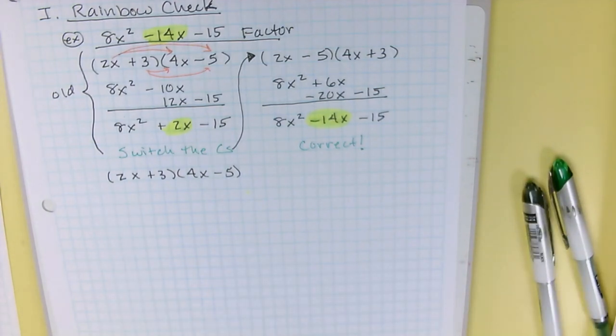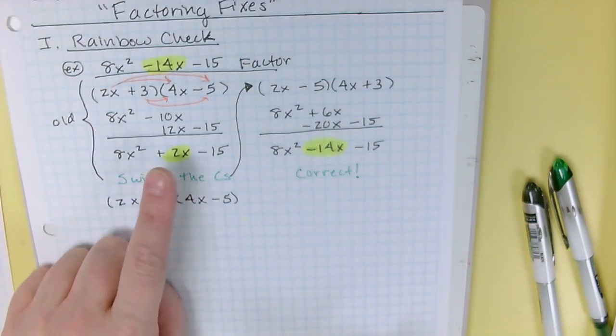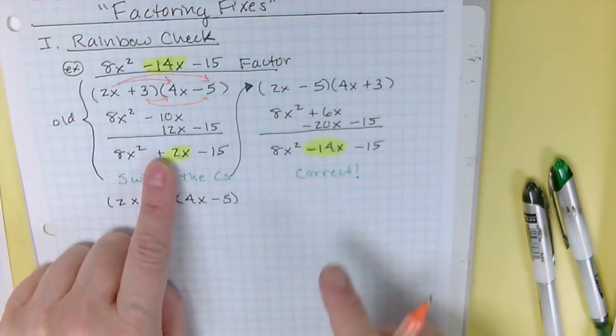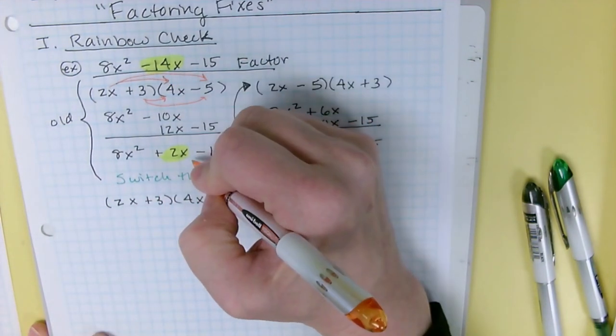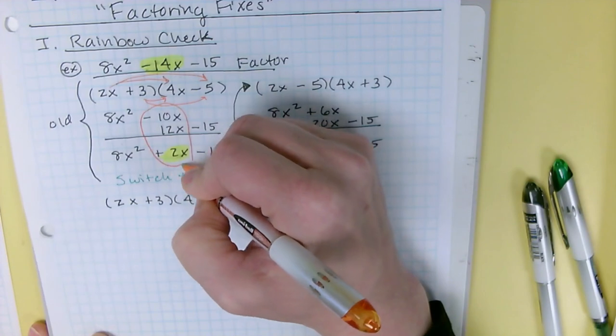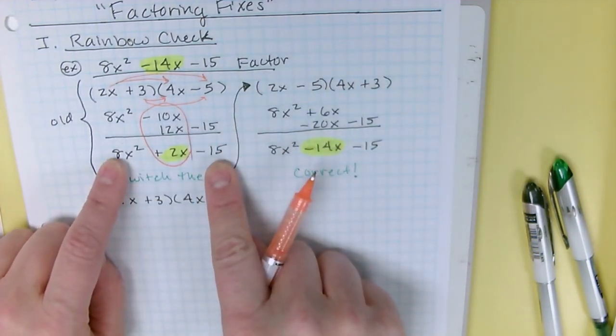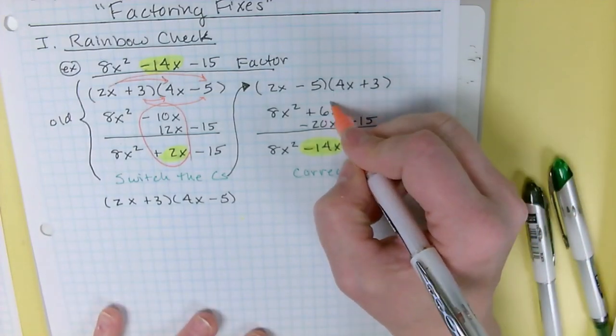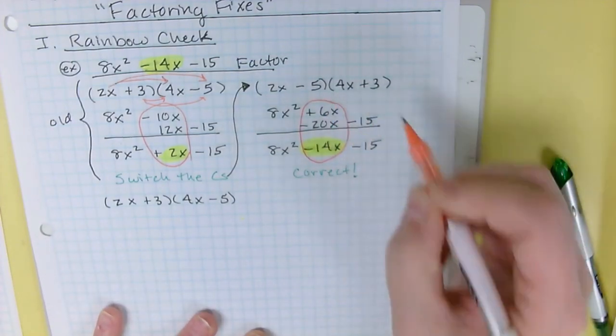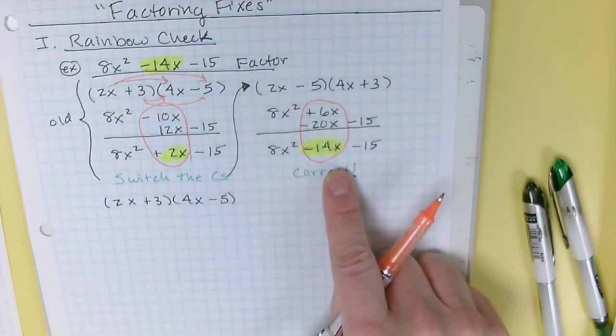Okay, so to explain the new process, you have to look at the old process. The difference between wrong C's and right C's was the middle number. So our focus is here. Because the 8 and the -15 were right both times. It's the middle that we weren't right on.